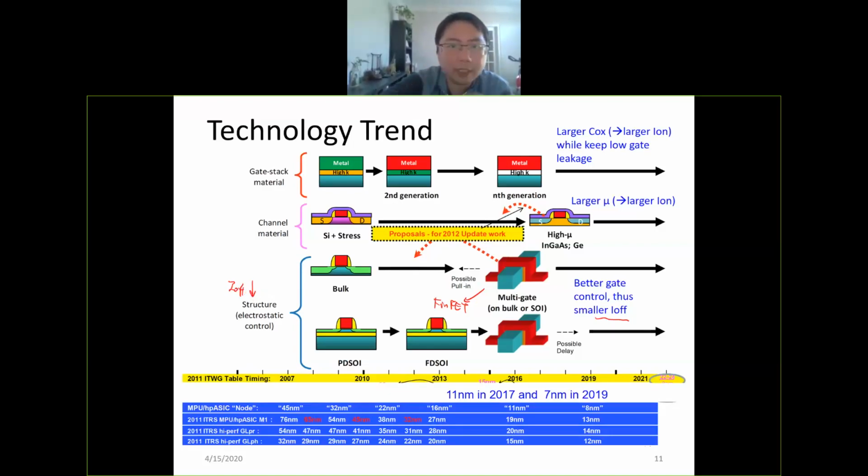The other technique we introduced is to increase the on-state current. One is this gate dielectric change from silicon dioxide to high-K, typically hafnium oxide. The dielectric constant epsilon for silicon dioxide is 4. This one is like 20. And you know C_OX is epsilon over t_OX.